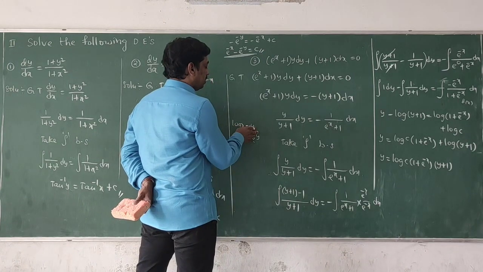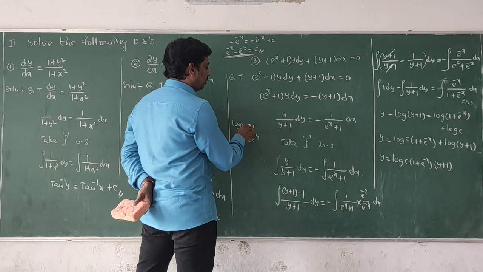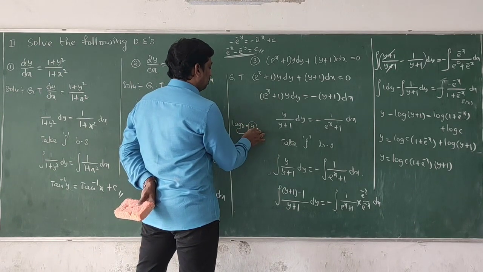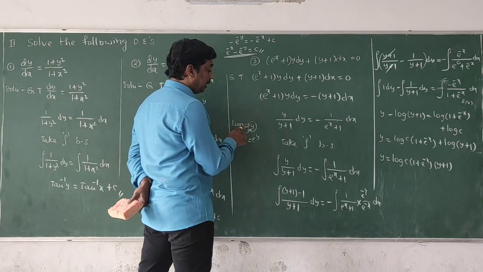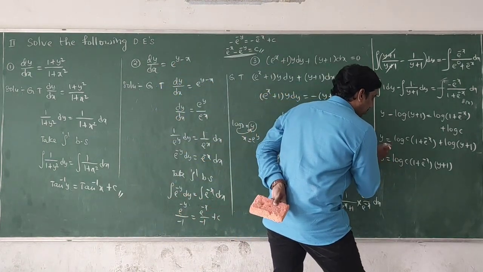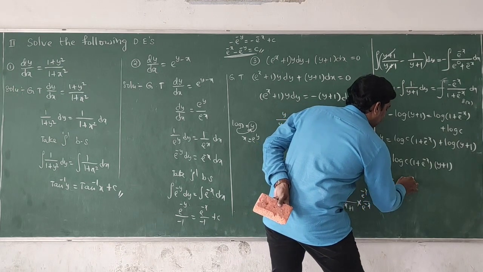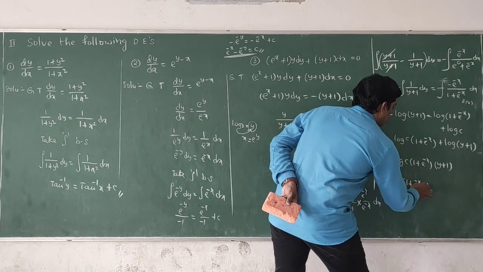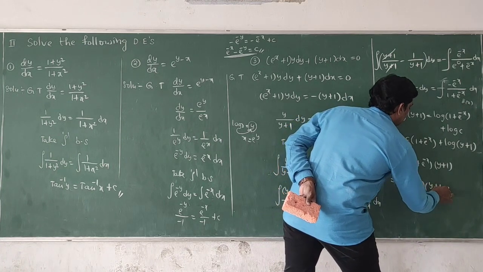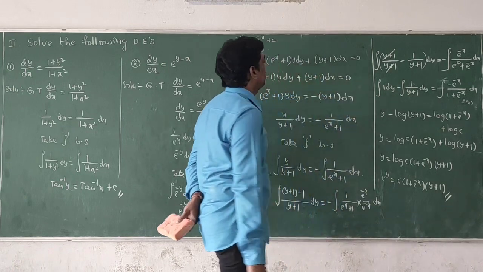So log x equal to y, then x equal to e power y. So when the log is taken to the opposite side, the total term becomes the power of e. In the same way, this log taken to the opposite side, we get e power y equal to c into 1 plus e power minus x into y plus 1. That's the general solution of the given equation.